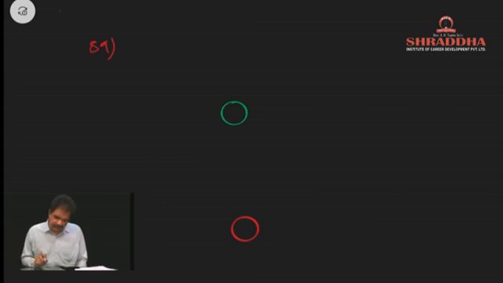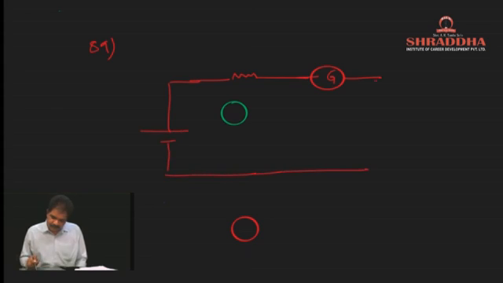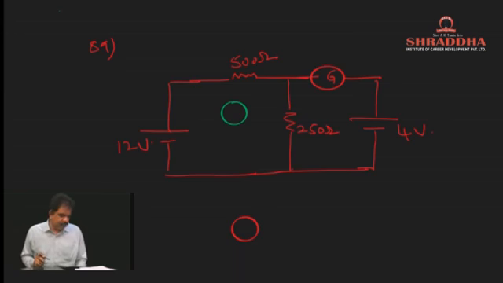They gave one circuit like this. Then the galvanometer reading is 0.